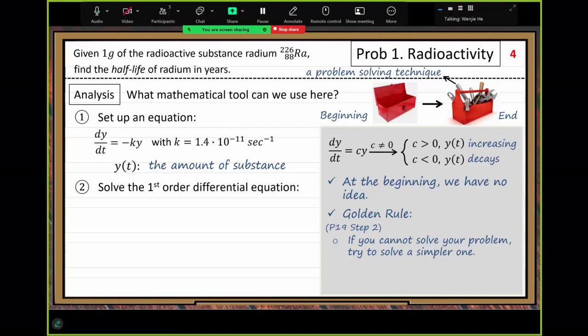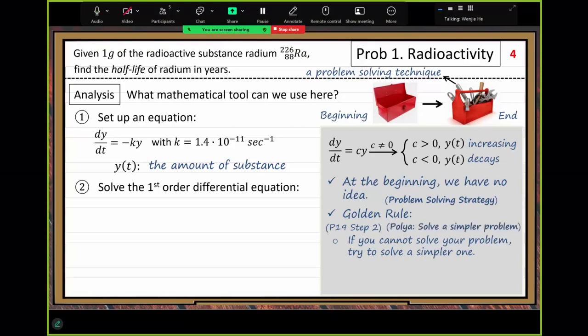Although it's like common sense, it's the golden rule, because this strategy is very important in problem solving. When people study problem solving, they look at many strategies, and this is one of them.